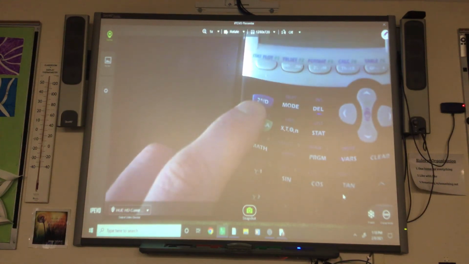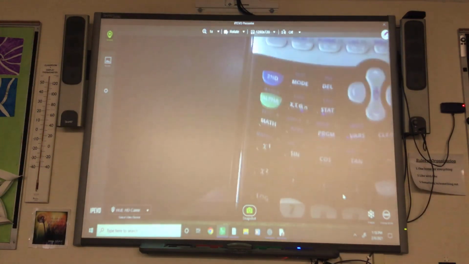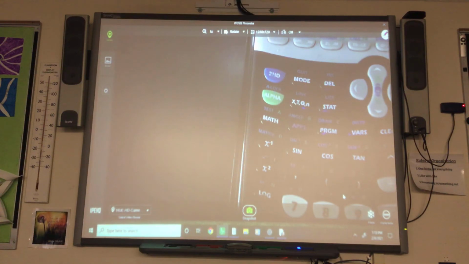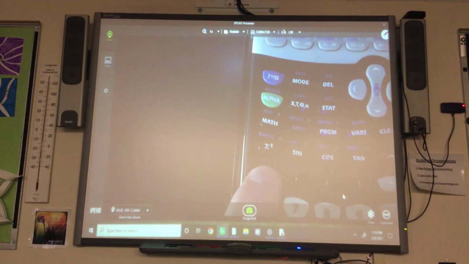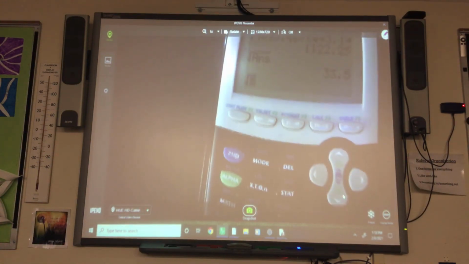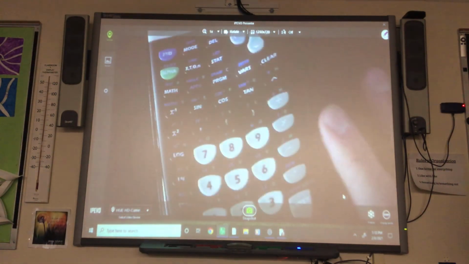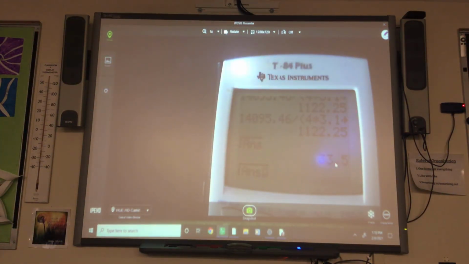You hit second, and then the square root, which is the little blue symbol right above the x squared button. Then you hit second, answer. Right now it would give me the square root of 33.5 because that was my previous answer, but here it would have given me 33.5.